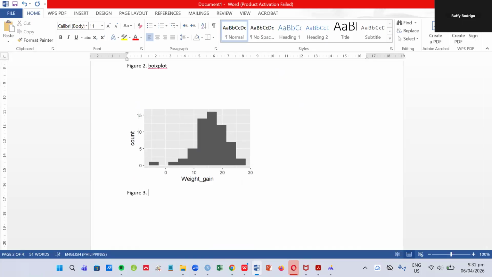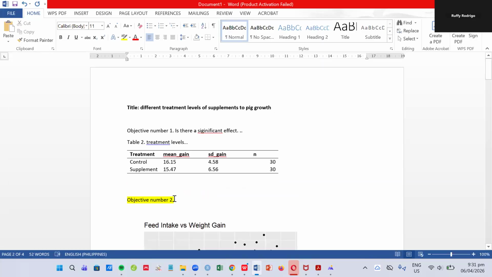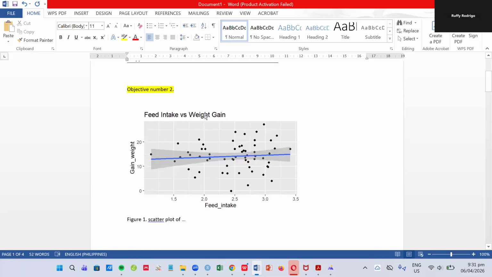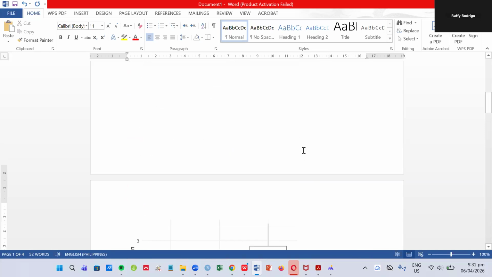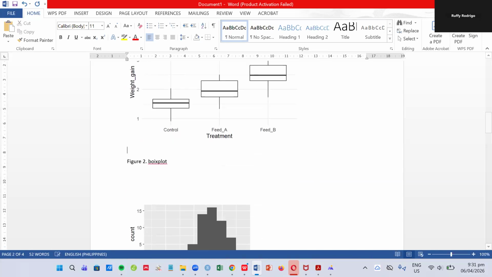So figure three, histogram. And then once you're done with that, if you're happy, you can already start visualizing, making some interpretation, like, okay, feed intake versus blah blah blah and so on. So this figure shows that feed B has a higher weight gain.